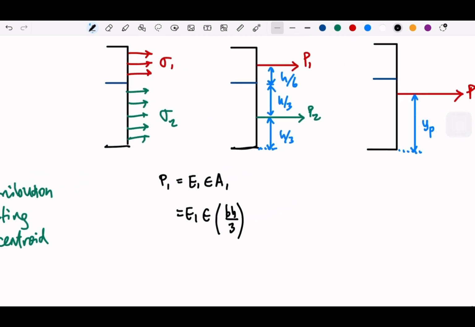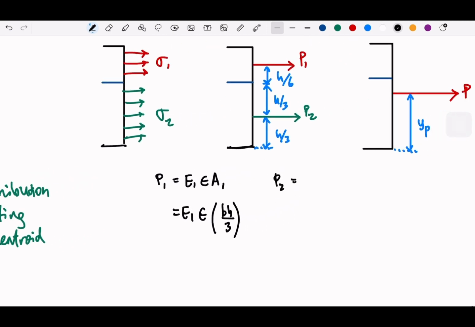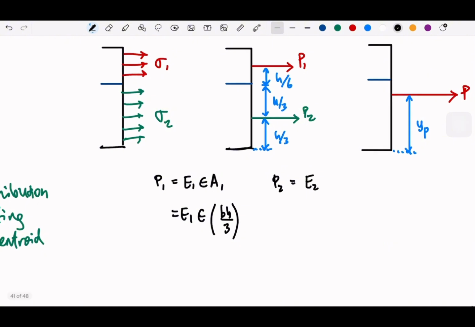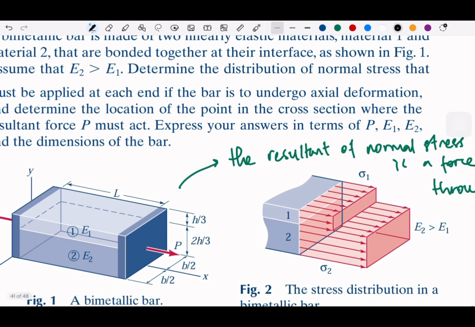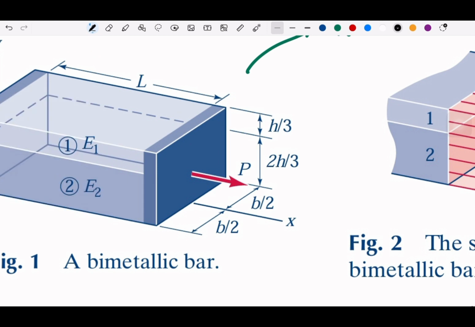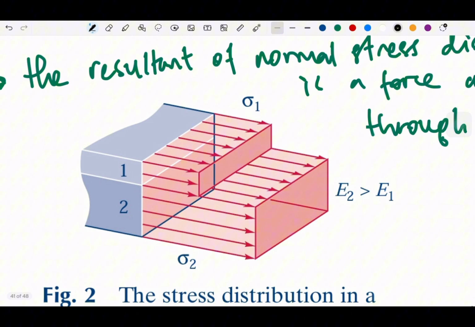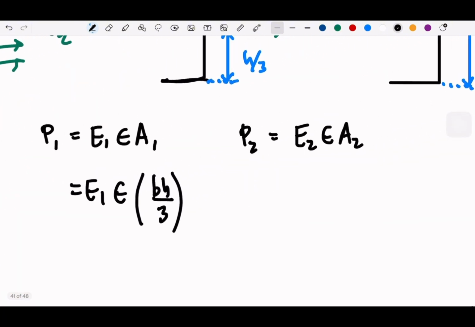And then P2, with similar formulations, we get A2, and for A2 we have the height 2H over 3. So 2H over 3 multiplied by B. So that will be the area, which means the cross section.